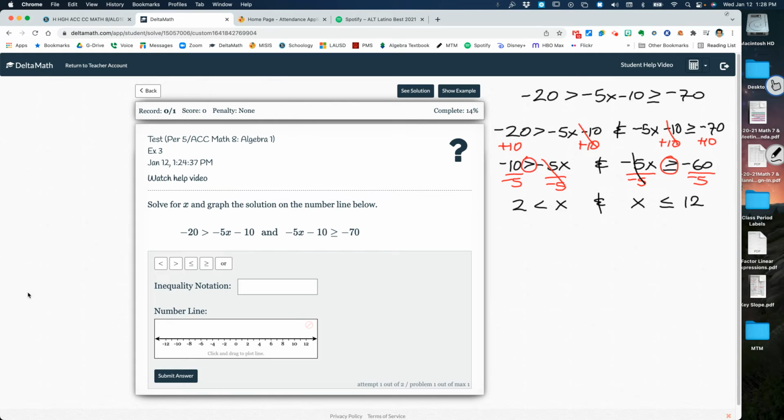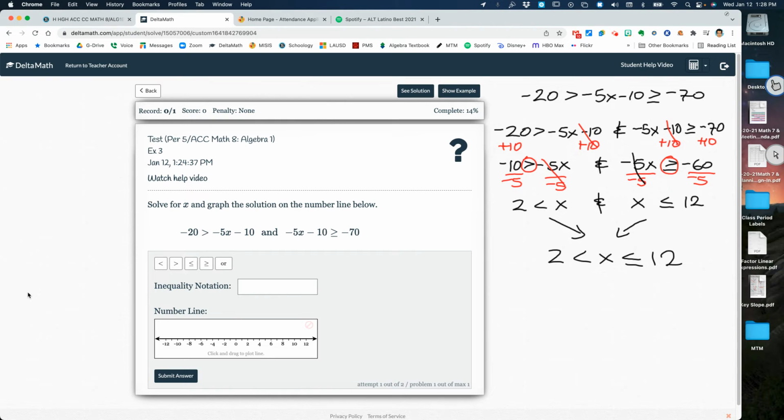I flipped them. 2 is less than x, and x is less than or equal to 12. Does that look good? Okay. I'm going to do one last thing. I'm going to put this together. Another way to write this is 2 is less than x, which is less than or equal to 12.